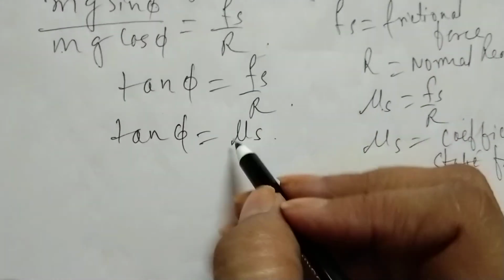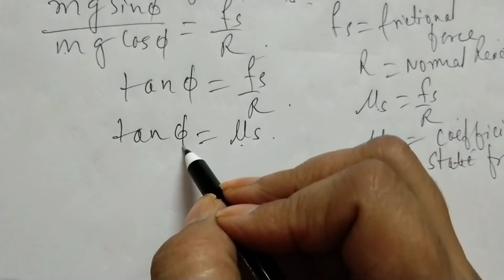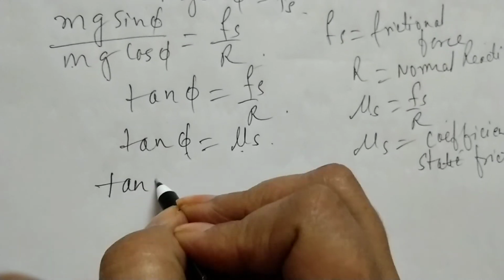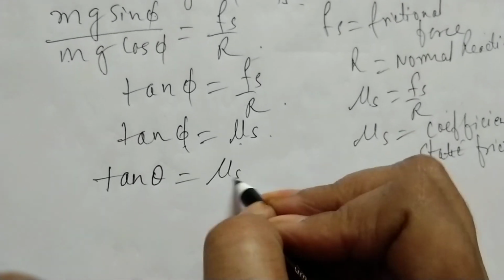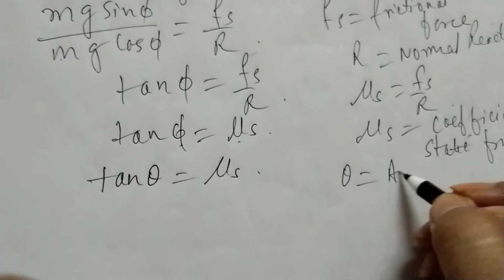Now since mu S equals tan phi, and if you remember, in the last class we had the relation that mu equals tan theta, where theta is the angle of friction.